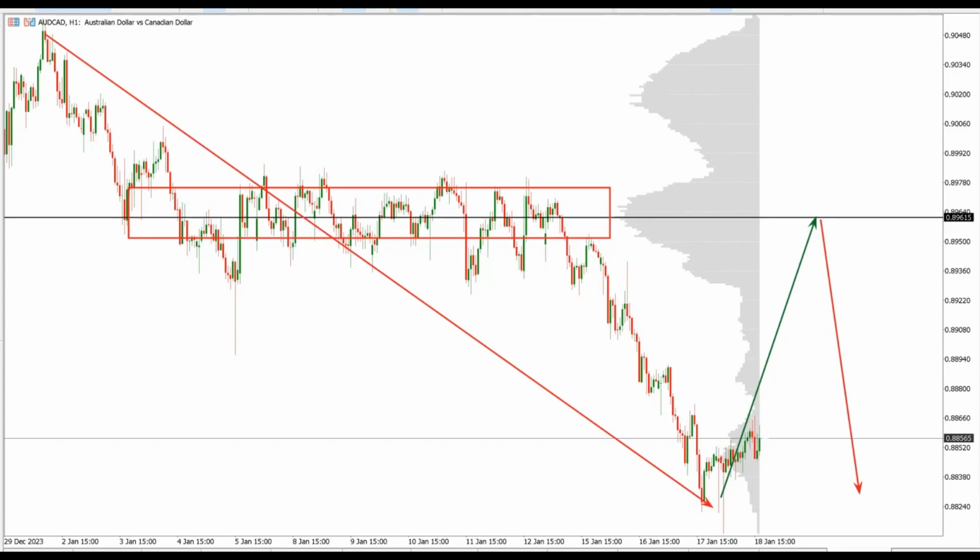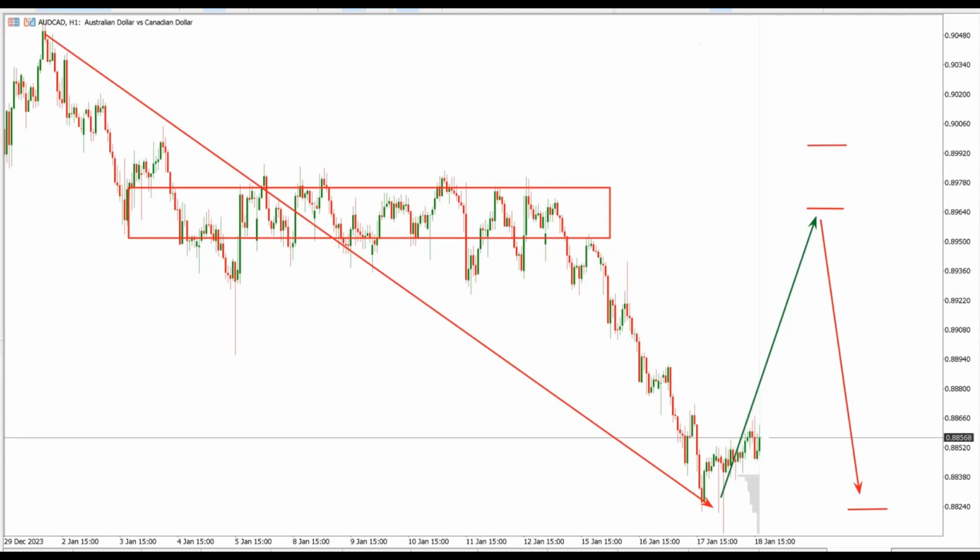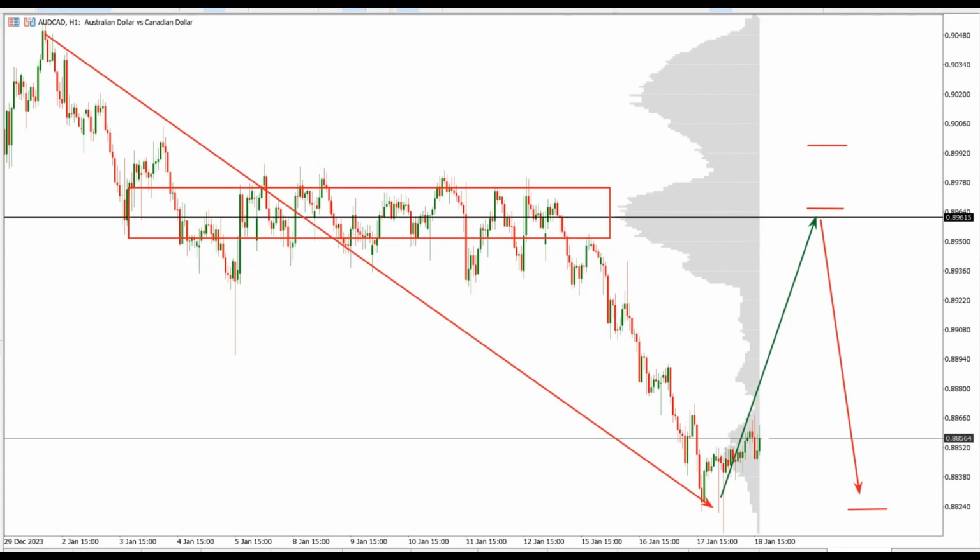So we'll put this line here, and this line is going to be our take profit line. Then our entry is going to be here, right? And then our stop loss is going to be somewhere here. The moment you put your stop loss somewhere around here, you're good to go.